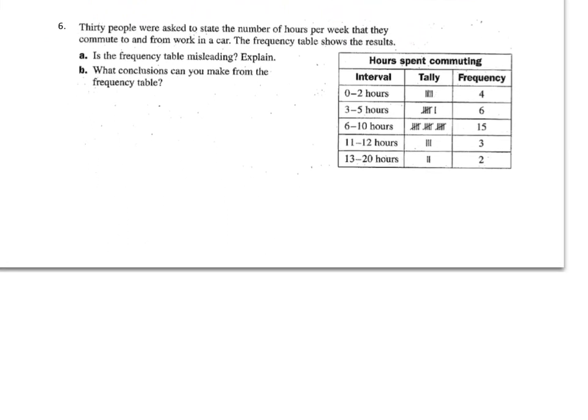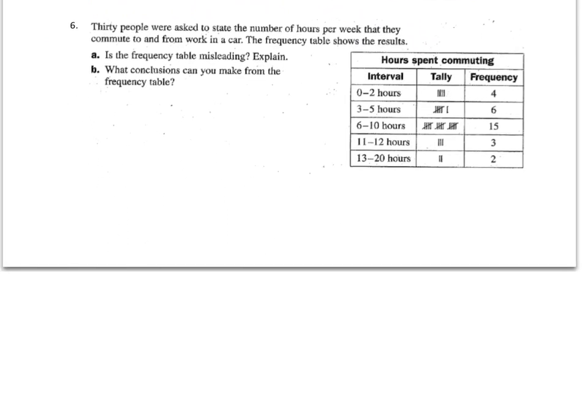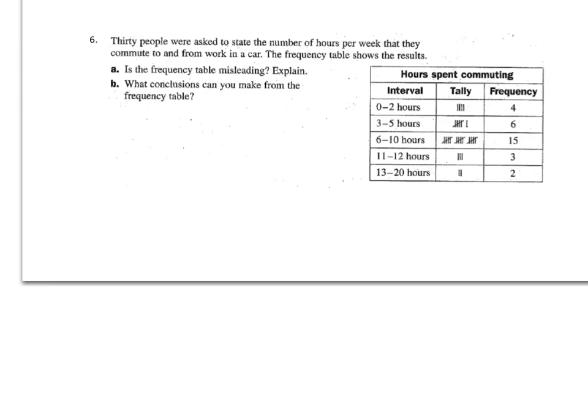Hopefully, let's scroll up and look on here. Okay. It says 30 people were asked to state the number of hours per week that they commute to and from work in a car. The frequency table shows the results. Is the frequency table misleading? So think about this.